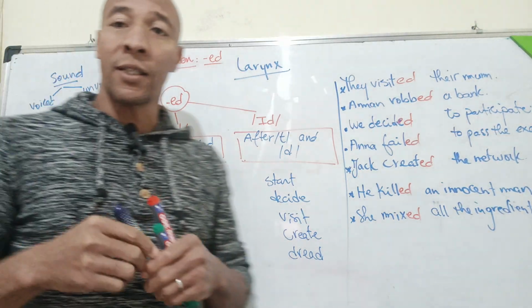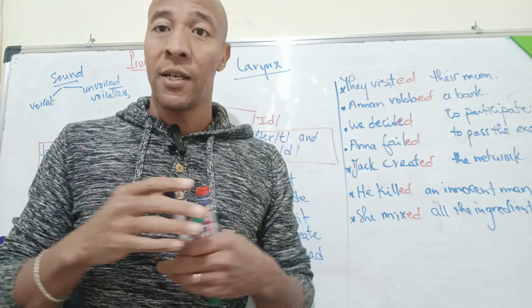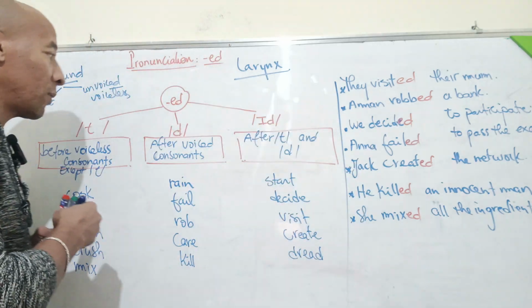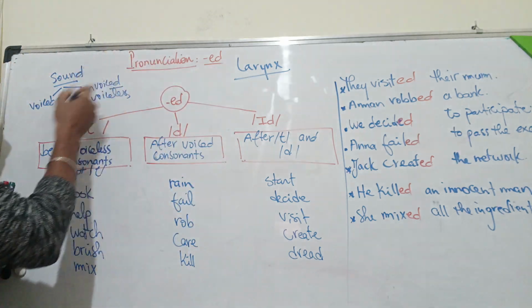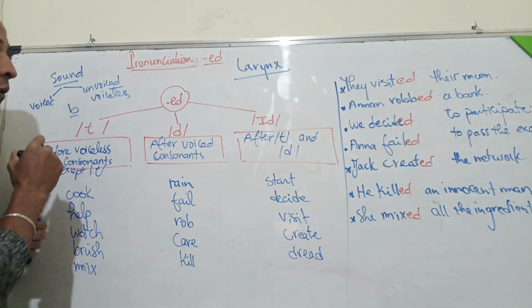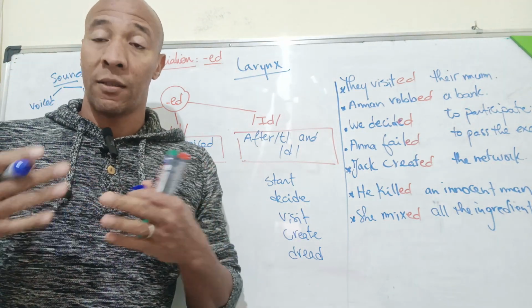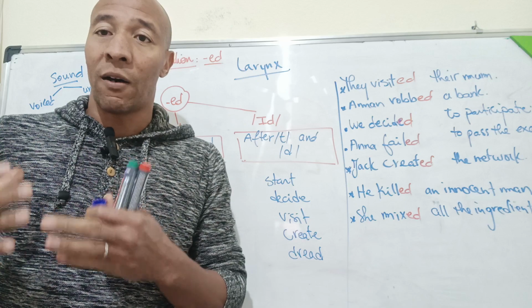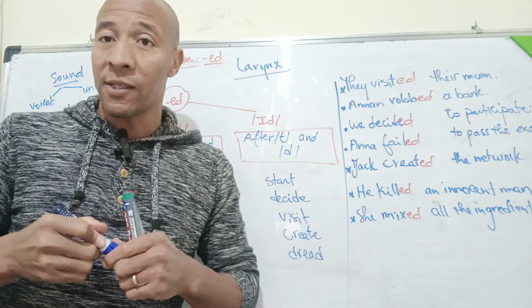When we say voiceless, it doesn't have any sound. Voiced, it has sound. So how do you say, for example, that a certain sound, for example, b or t or s or sh, is voiced or unvoiced? Okay, it's very simple to discover that.